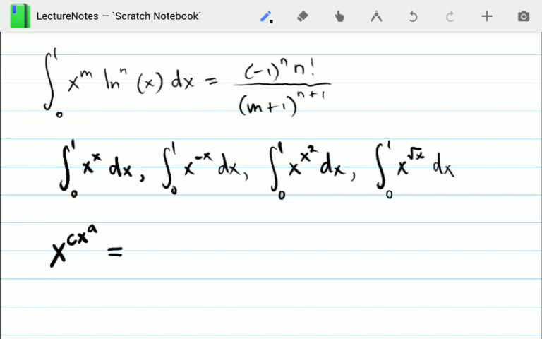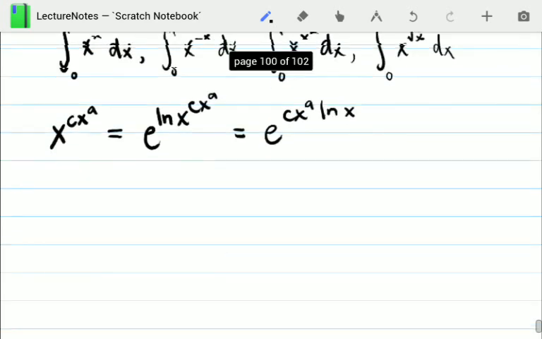And this, we will rewrite in the same way that we rewrite x to the x when we evaluate its derivative, and that is in terms of an exponential. So you can write this as e to the ln of x to the c x to the a, which, using the property of the logarithm, can be further written as e to the c x to the a ln of x, all right?